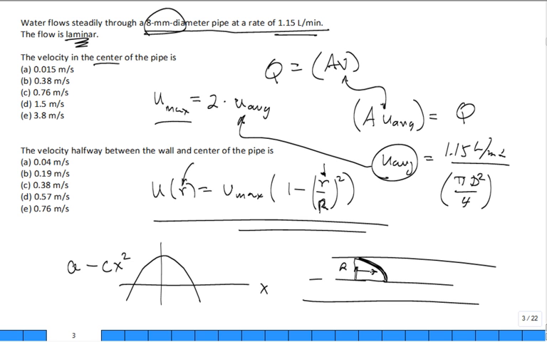Okay, so anyway, if you want it halfway between, well, you calculated the maximum, that's good. Put in lowercase r equal to 1/2 capital R. If you put in 1/2 capital R, then I'm running out of room, but this becomes u max times 1 minus 1/2 squared, which is 1/4. So it's 3/4 of u max.